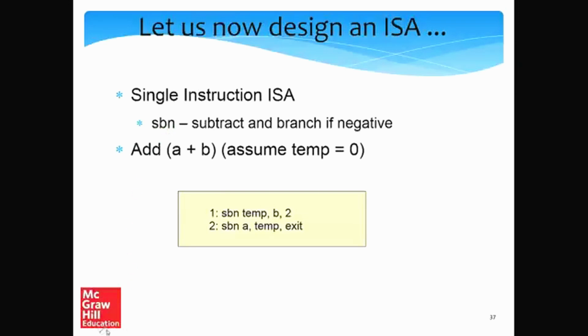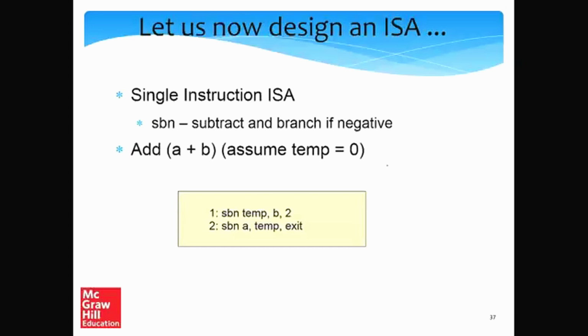Let me slightly digress and tell the readers what exactly an SBN is. Consider that you want to add two numbers, a plus b, and assume the variable temp initially has 0.